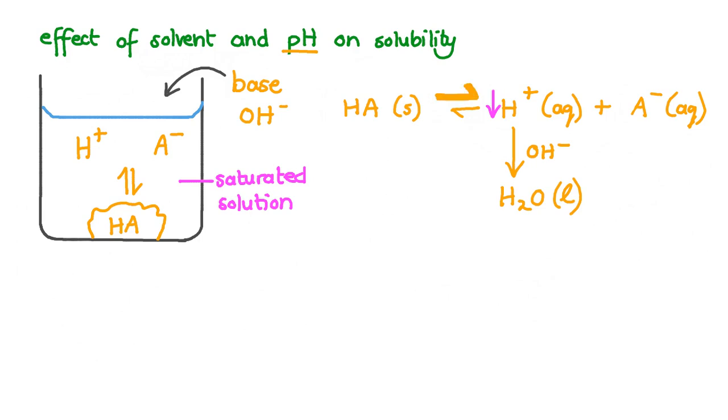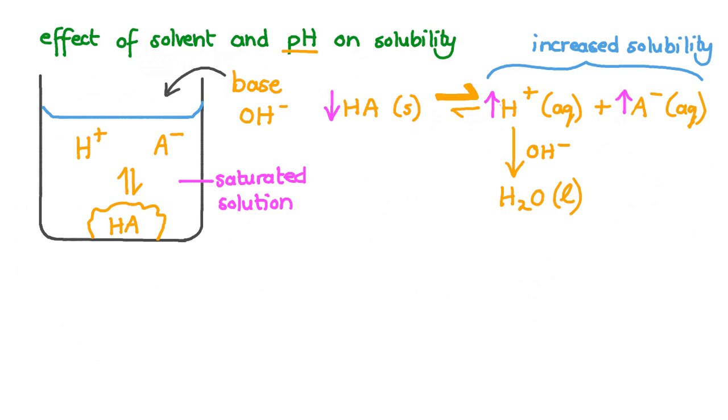Instead, the equilibrium would shift to the right according to Le Chatelier's principle, decreasing the amount of solid acid, with more of it dissolving into solution, and this would increase the amount of H+ ions and A- ions in solution again. In other words, there'd be an increased solubility in the acid, or a higher concentration of ions in solution. Now we understand the basics of how a solvent and pH affect solubility.